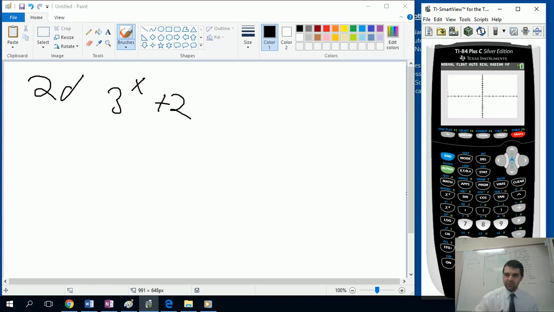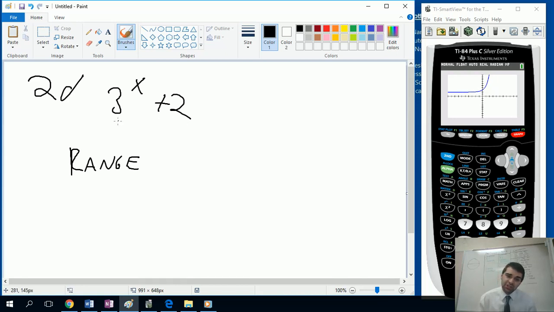Notice that we're going to have a horizontal asymptote at y equals 2.